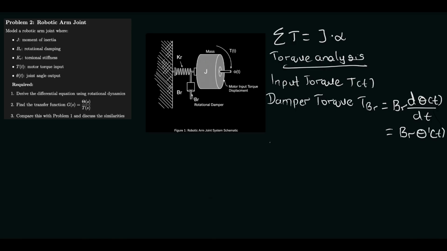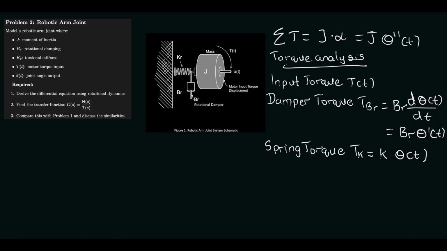And we have your spring torque, that's your K multiplied by your joint angle output. Also note that your alpha is equal to theta, the second order differential of your angle output.